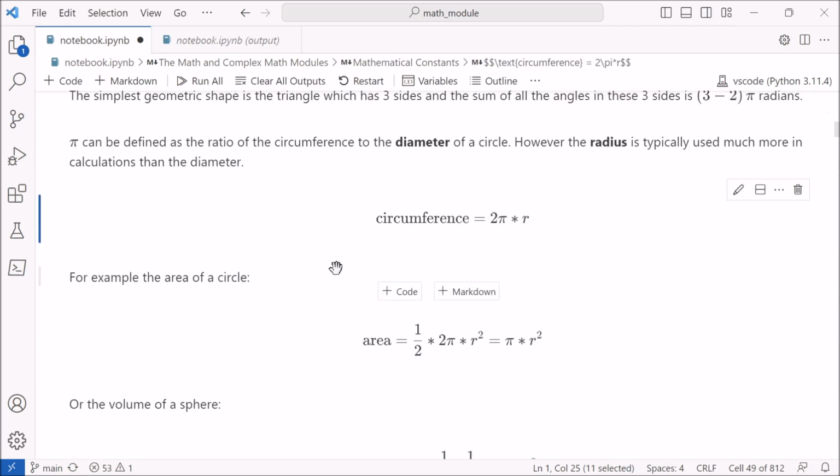Pi can be defined as the ratio of the circumference to the diameter of a circle. However, the radius is typically a much more important quantity used in calculations. If we have a look at the circumference, it's 2 pi r. To get the area, we raise it by a power, so we get r squared, and then we divide by 2.